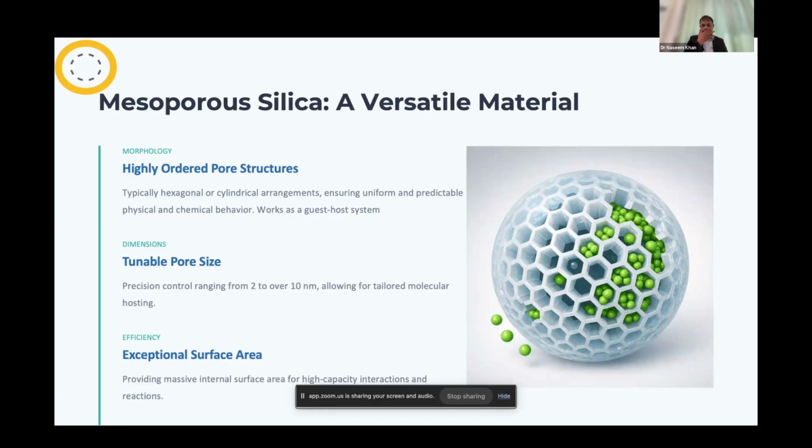In the coming slides we have the differentiations: how many types of silicas there are, how they behave, and what the benefits of mesoporous are over other silicas.